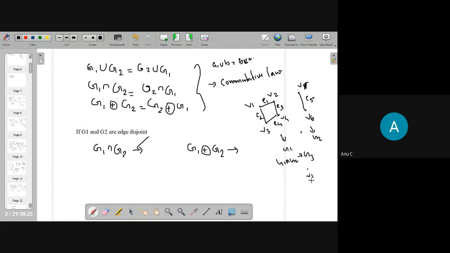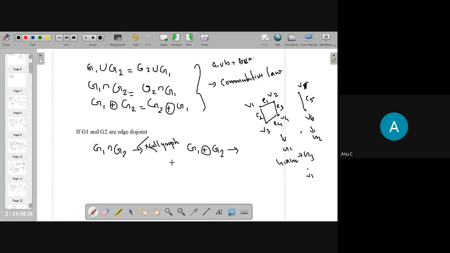V1, right? ഒരു vertex ഉണ്ടെങ്കിൽ, edges ഇല്ലെങ്കിൽ ആ ഗ്രാഫ് null graph. So if G1 and G2 are edge disjoint, then G1 intersection G2 gives null graph.